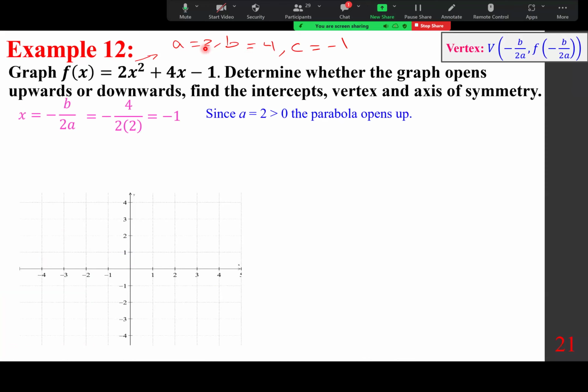We want the location of the vertex. We have to plug this one in and work it out. So f of negative 1, that would be the k, if you will, h and k. So you work it out. This is 1, so we get 2, minus 4 times negative 1, so this is minus 2.